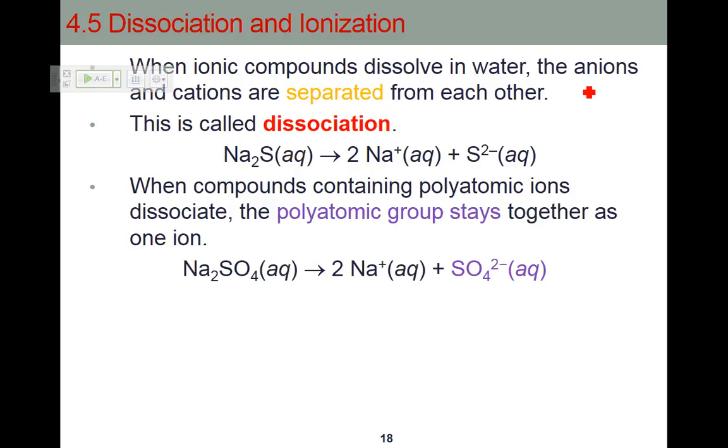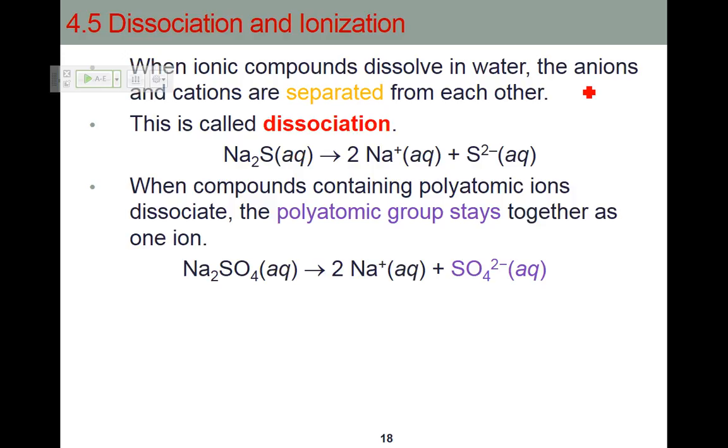And notice our complete dissociation equation is balanced. In both cases, we had to balance it. We have Na2S, so we form Na plus ions and S2-. But to fully represent this equation, we need to balance it. We have 2 sodiums here, so we must have 2 sodiums here. We have 1 sulfur, and 1 sulfur.